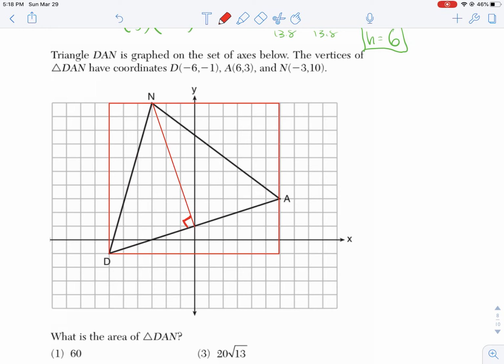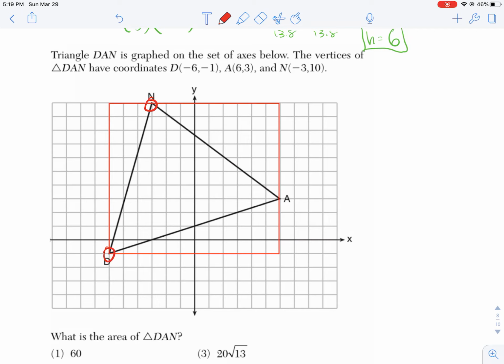It must go from one vertex to the opposite side and create a perpendicular line. So it would be located somewhere about there. Now, I know this because that is how I solved the last problem. I found the height of this triangle.